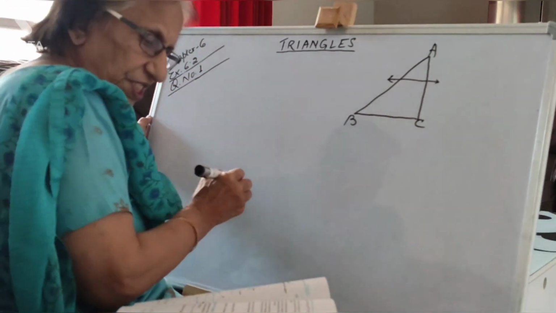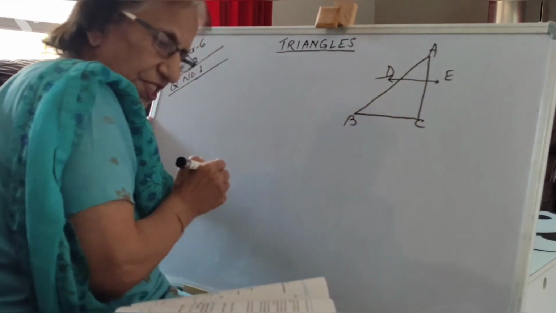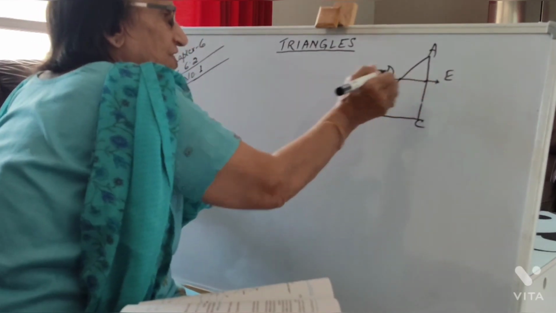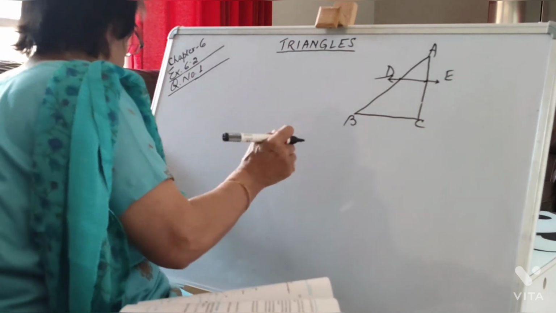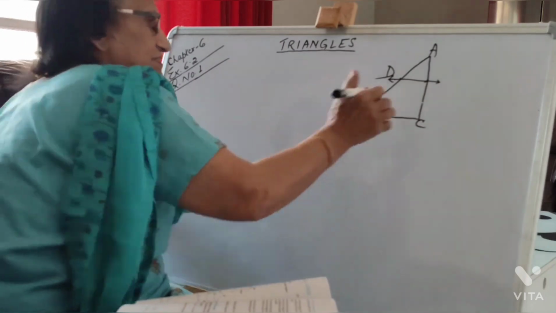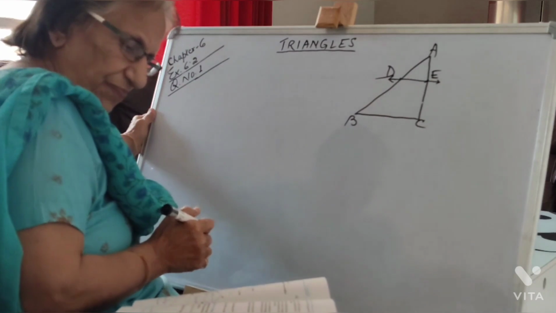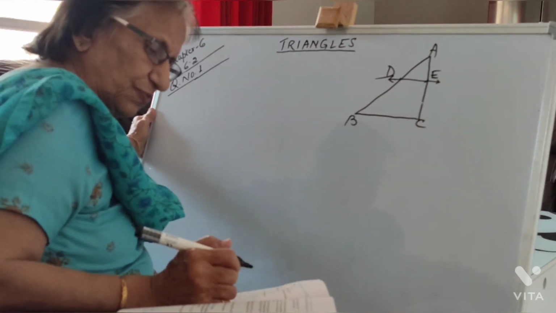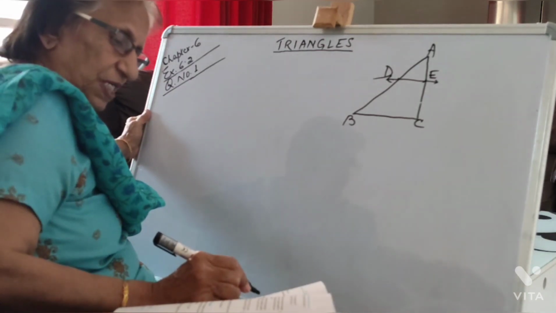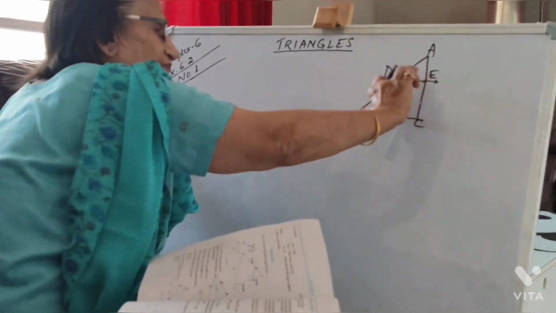ABC, DE, this is D and E. DE is parallel to BC. So in the first part, we are to find EC. This part we are to find.